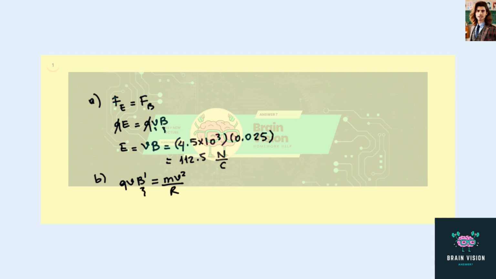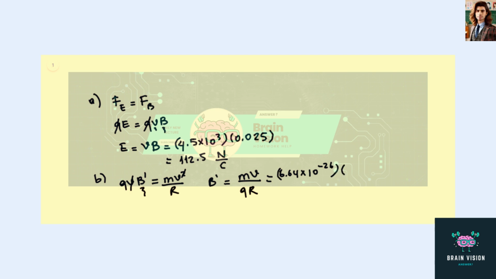So then we need to isolate B prime out of this equation. First, let's get rid of the speeds, and then B prime is going to be equal to mv over Q times R. The mass is given to us in the problem as 6.64 times 10 to the power of negative 26.